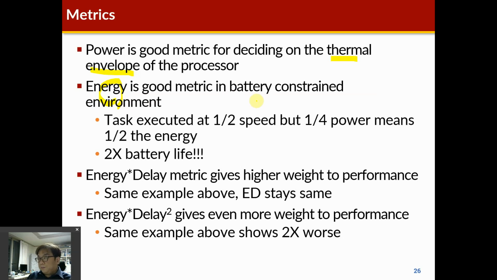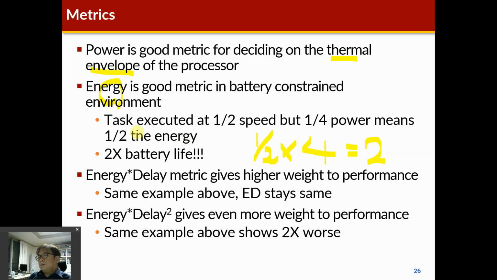So even though we reduce the power consumption of the processor by half, if the performance of this processor is slowed down by 4, then energy will be 2, because energy is the power multiplied by execution time. So in mobile devices it is very important to reduce the energy consumption.